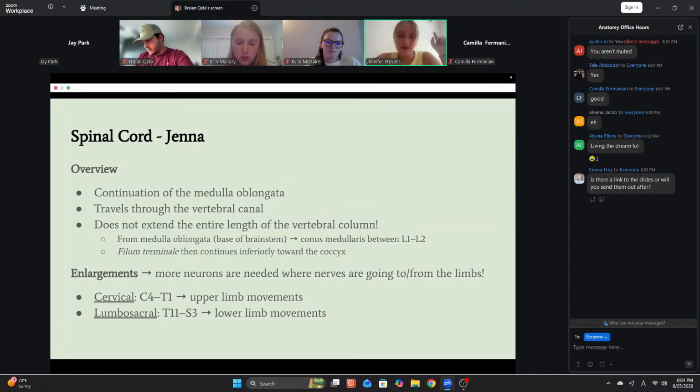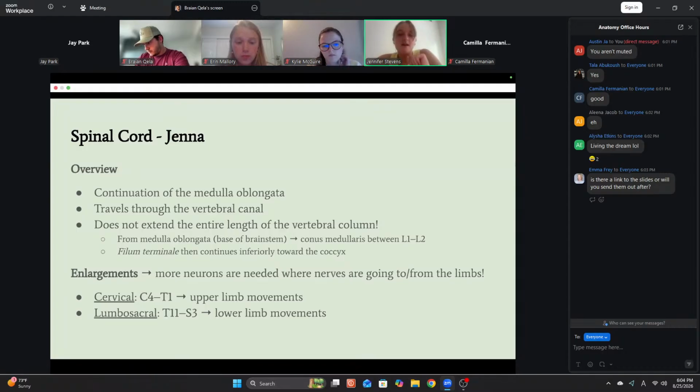That's up at the top of your head or bottom of your head. And then it travels all the way down through your spine, through the vertebral column, and then it ends before the vertebral column ends, which is around L1, L2. That's when it becomes the conus medullaris, which we'll talk more about in later slides.